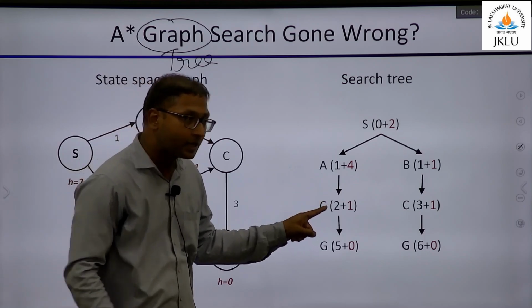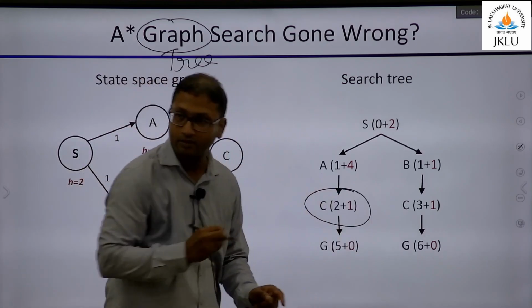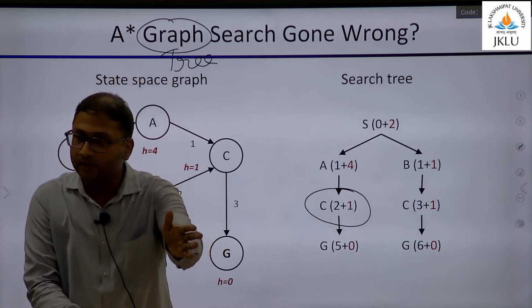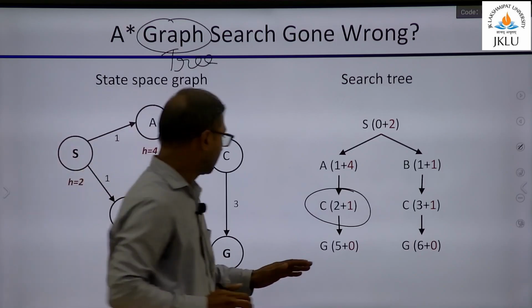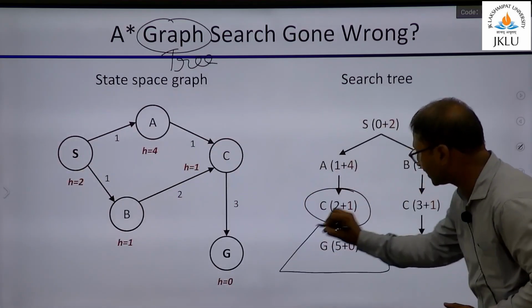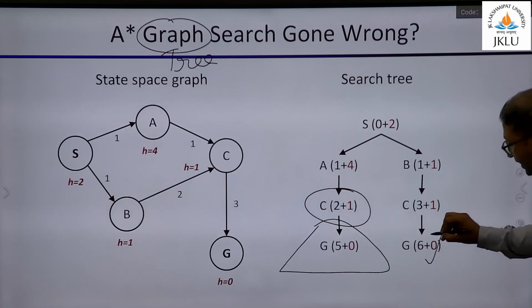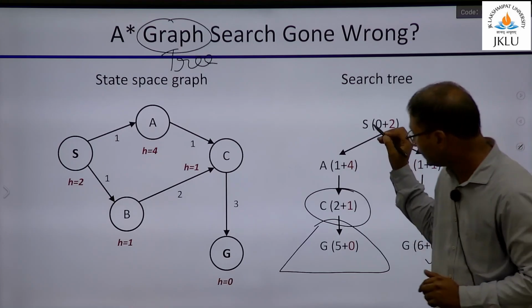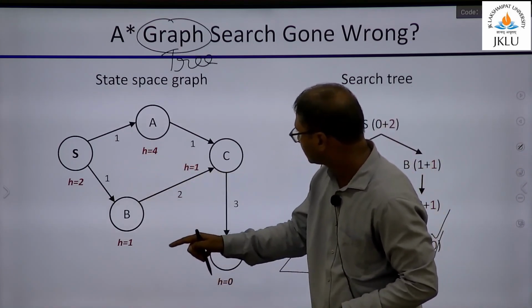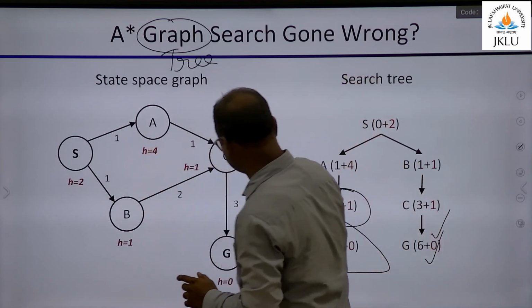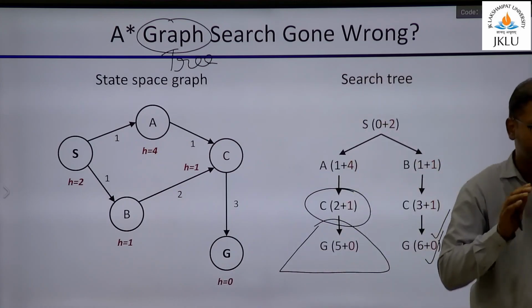If you encounter C here in graph search, what does graph search say? I've been to C, I won't expand it. So I won't expand any of it here. That means I have reached goal. So I'll declare this one as the goal rather than SACG. I will declare SBCG as goal. Everybody sees this problem?